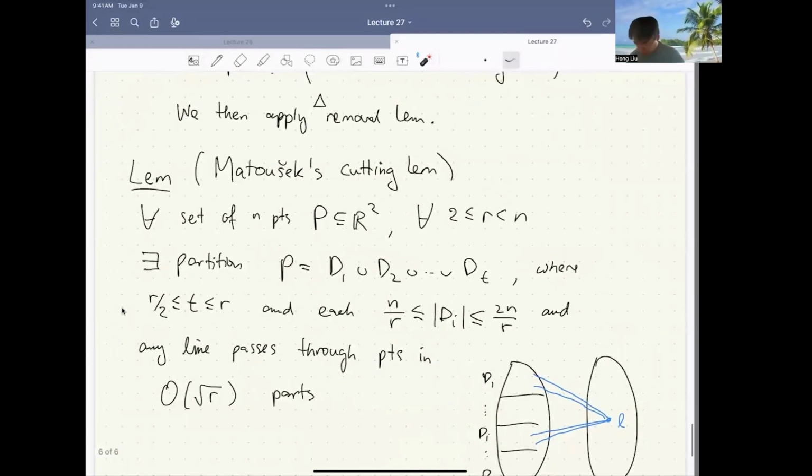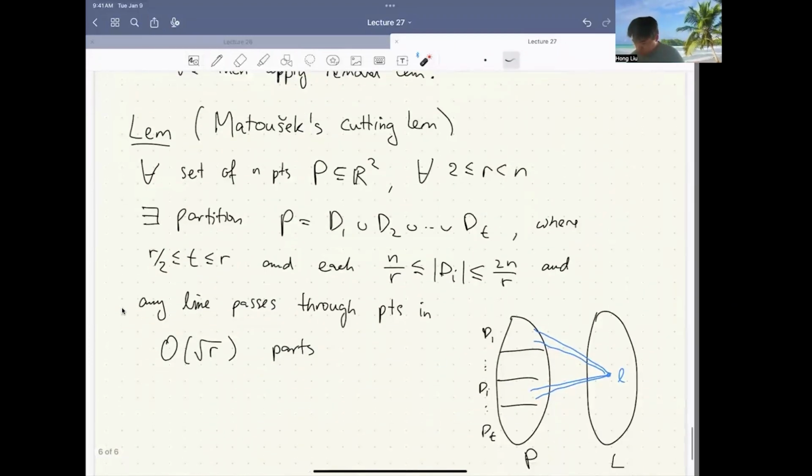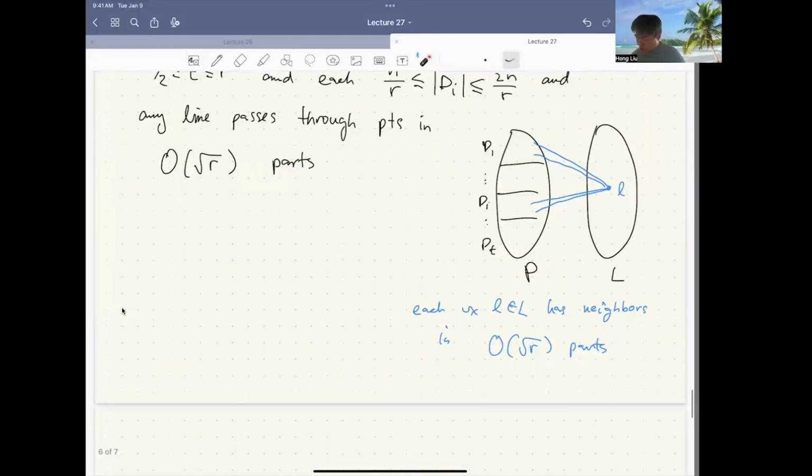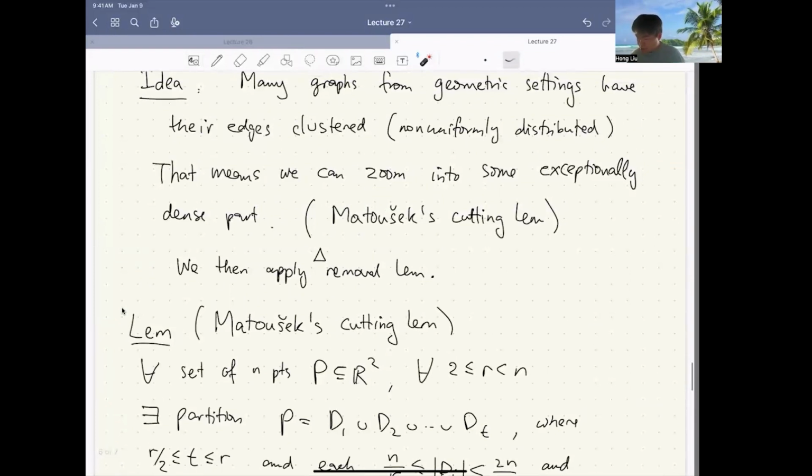So let me illustrate a little bit. What do I mean? This is exceptionally dense.